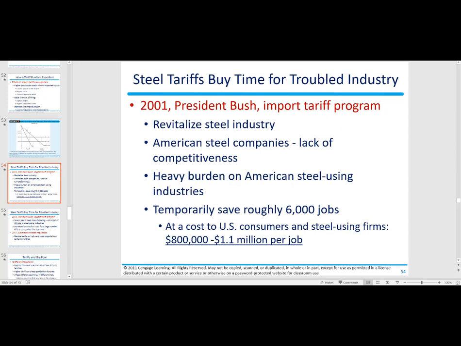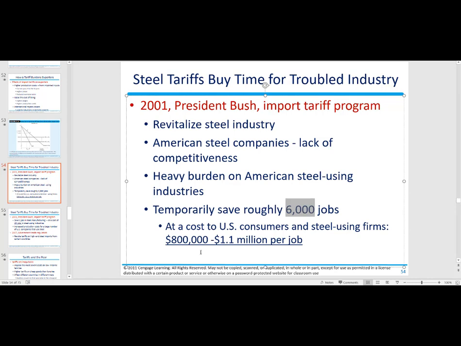So obviously the goal was to revitalize the steel industry in the US by protecting it more. It did in fact save temporarily 6,000 jobs. However, the average cost of each job saved amounted to about a number around $1 million. The figure is estimated to be between $800,000 and $1.1 million per job saved.